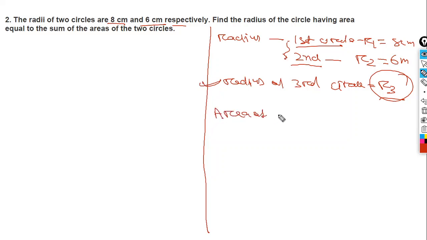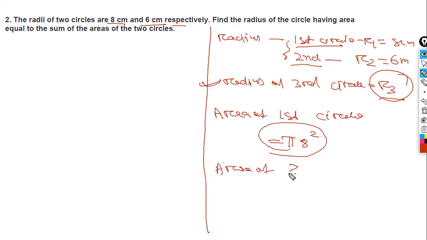Area of first circle is equal to pi into r square, that means 8 square. Leave it as it is. Similarly, area of second circle equal to pi into R2, 6 square. Leave it as it is.